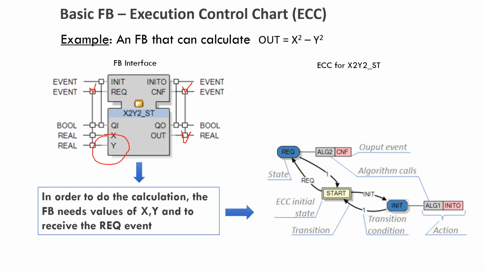So inside this function block, its overall execution control is defined by execution control chart. In this particular case, it consists of three states.